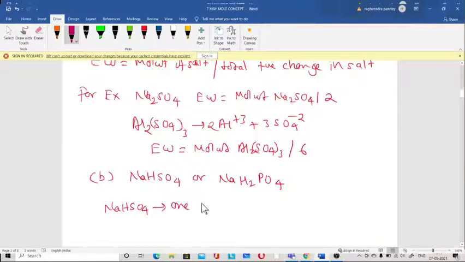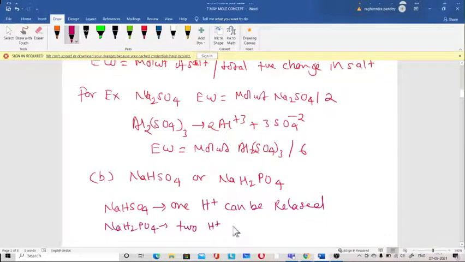One hydrogen, one H plus ion, can be released. In NaH2PO4, 2 H plus ions can be released.